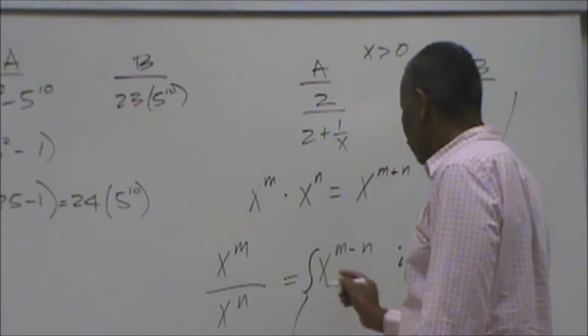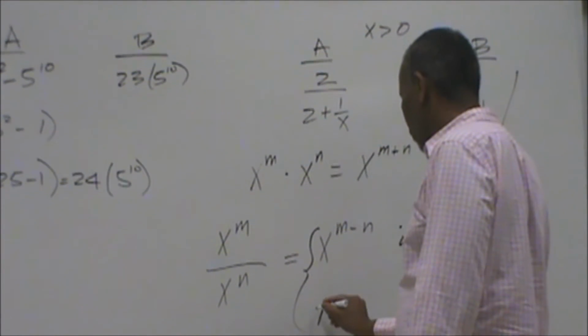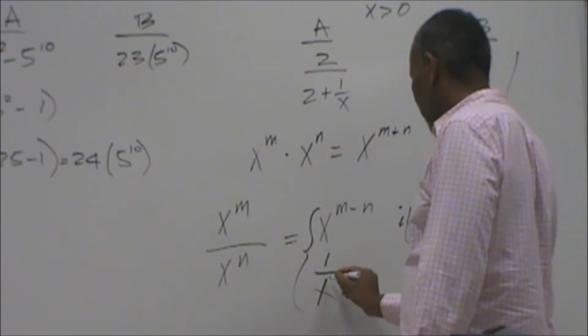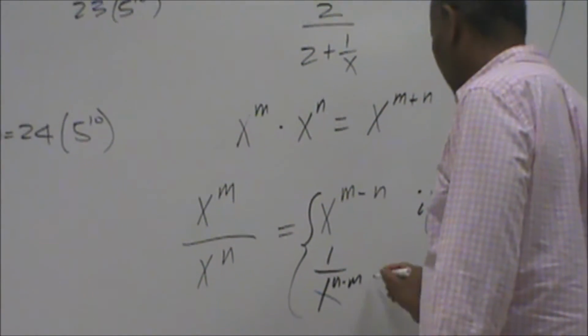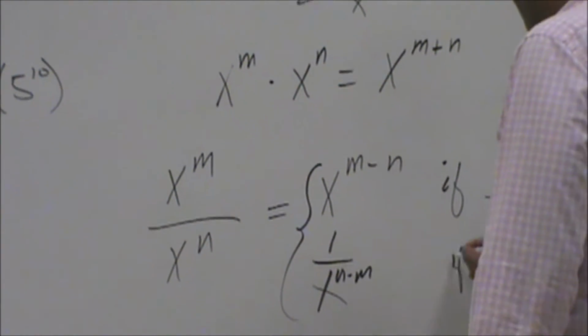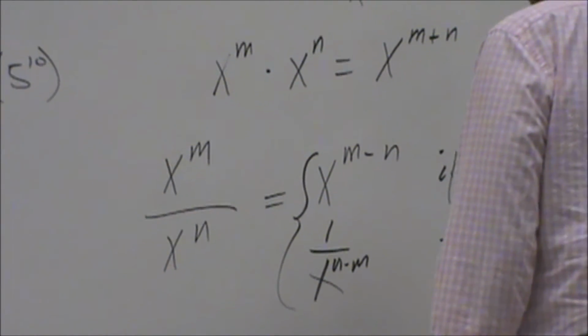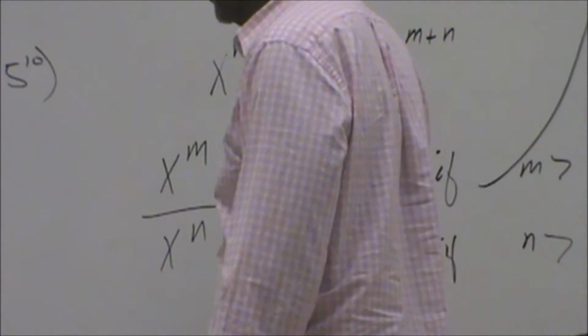Now, if n is greater than m, then the answer is going to equal 1 over x to the n minus m. Let me give you an example of that.